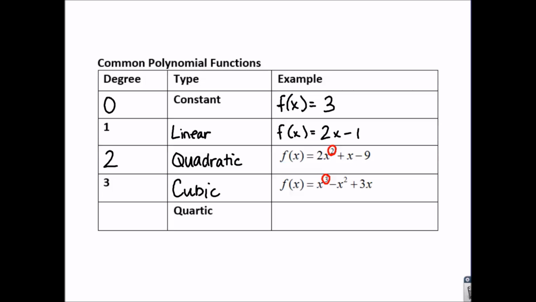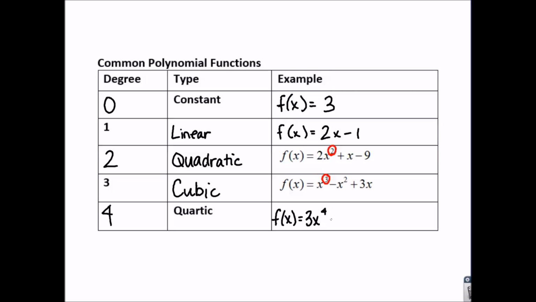We've looked at these a little bit when we did factoring and a little bit when we did our parent functions. The last one is a quartic, and this is a fourth degree polynomial. Make sure that you don't confuse the words quartic and quadratic. So a fourth degree polynomial will definitely have x to the fourth, but it might not have all the other terms.